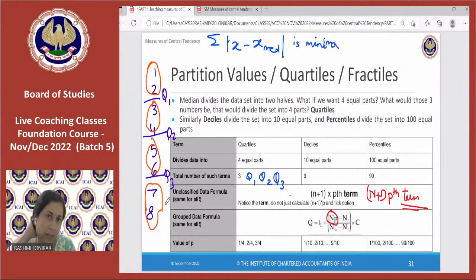When I say D6, it means there are 6 parts on one side and 4 parts on the other side. And the general term is fractile. When you say fractiles, you are taking the data and arranging it in such a way that you can group it into whichever fractions have been told to you.